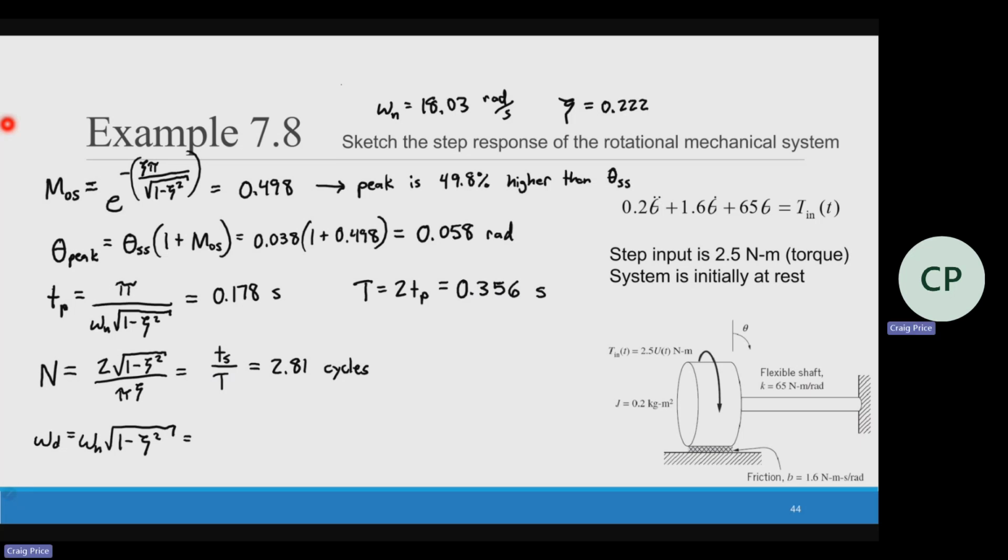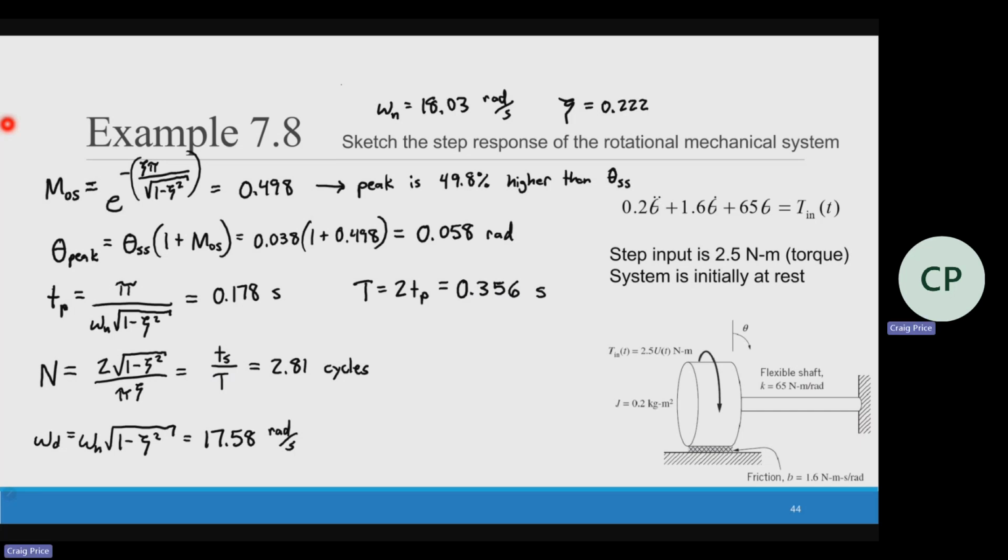We have 18.03 times this, which is 17.58 radians per second. So natural frequency is 18. Because we have some damping, it's pretty light damping, our frequency that we see on the output is slightly lower. All right.